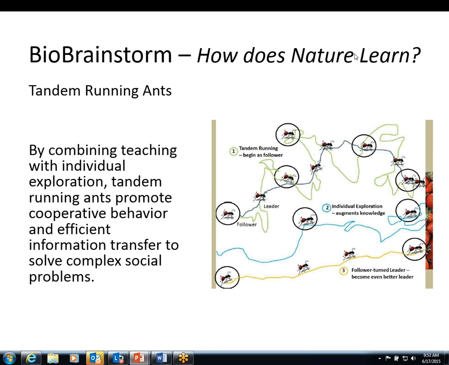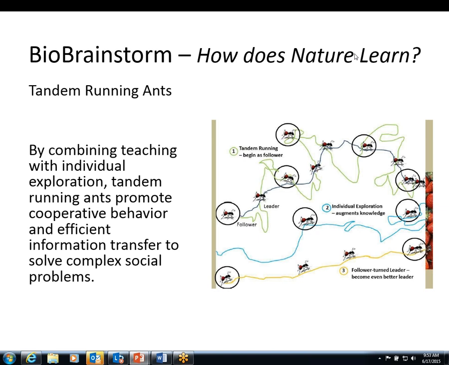So going from being the follower to your exploration leads to number 3 there with the most direct line to the food source. A third abstracted design principle is group learning combined with experience increases engagement and leads to improved solutions. And then the flip side of that might be passive audiences retain less information and are less likely to be problem solvers because they're just sort of passively receiving information.